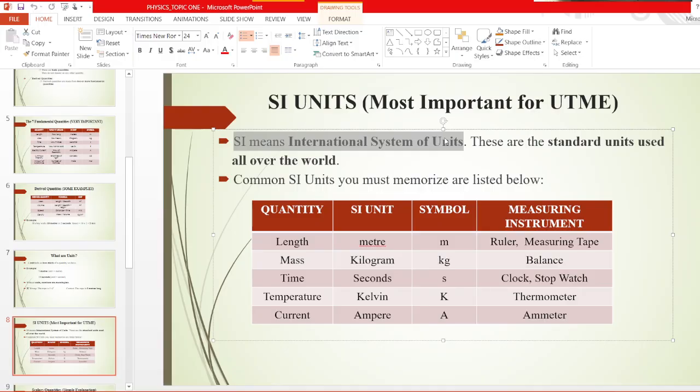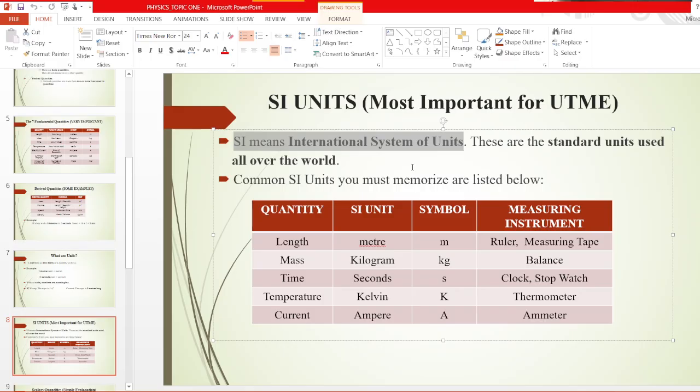If you go to Ghana, the appropriate money used to buy things is cedis. If you go to Benin Republic, it is CFA. In the United Kingdom, it is pounds. United States of America, dollars. In Germany, Spain, euro. So these are what is generally accepted to purchase things over the world.